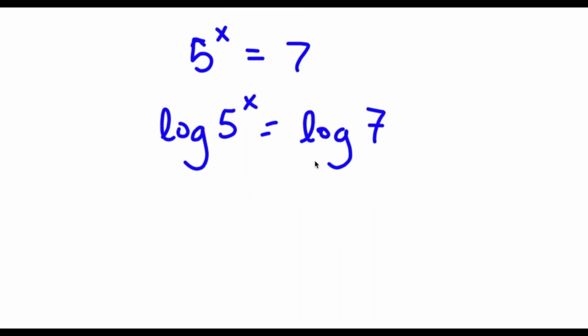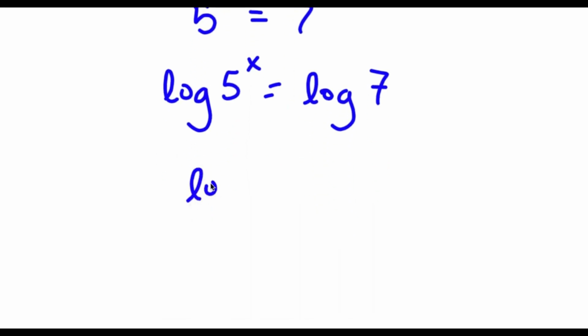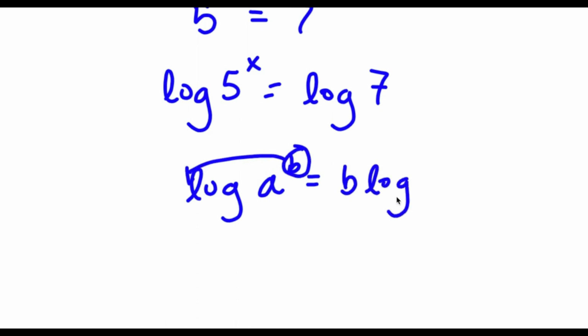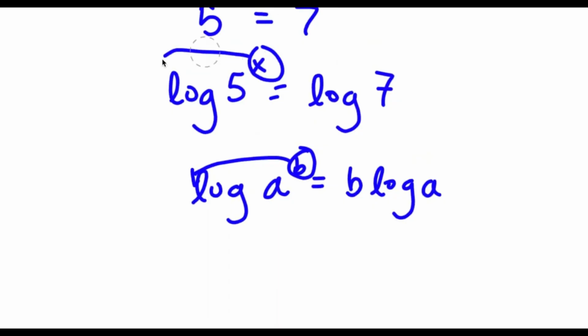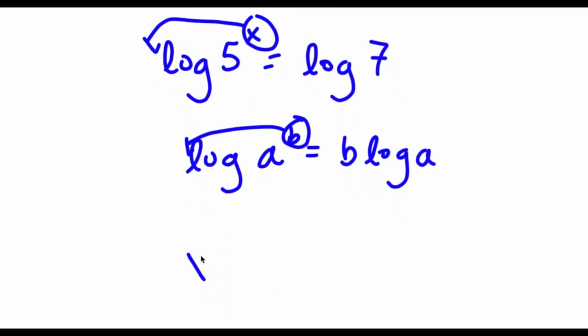Now an important property of logarithms is that if I have something in the form log a to the power of b, I can actually move this exponent b to the front. So it's going to equal b times log a. So in this case, I can move x to the front. So now I have x times log 5 is equal to log 7.